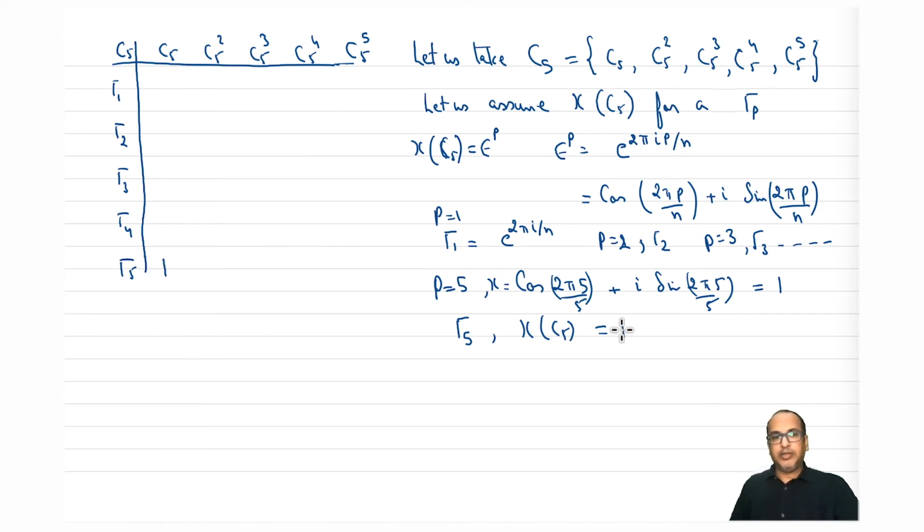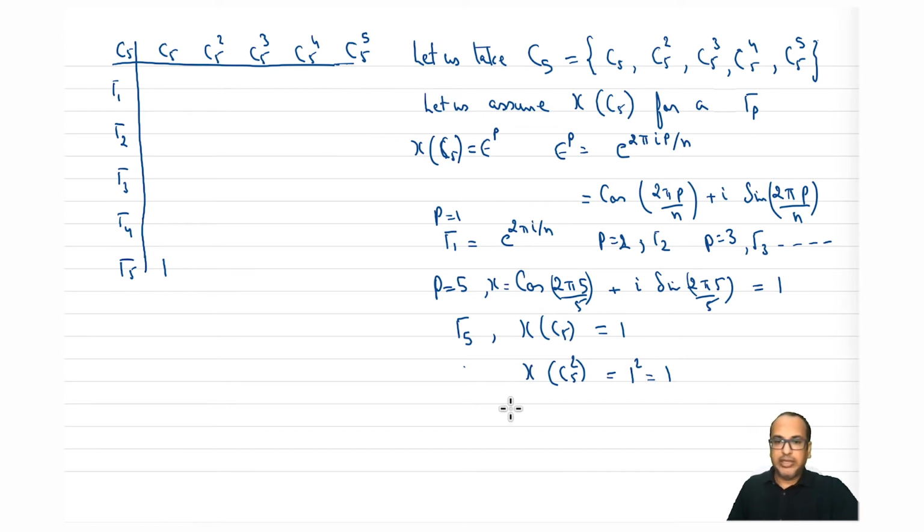Okay. So also the other characters, the character for C5 square, C5 cube under tau 5, can be obtained as the square of this. So for example, if I want the character for C5 square, I can write it as 1 square, so that will be equal to 1. Why can I take it as a square?